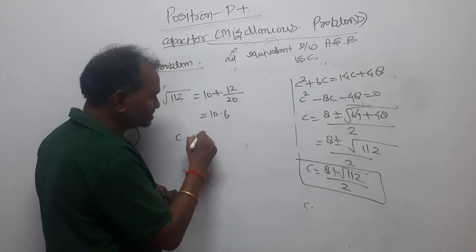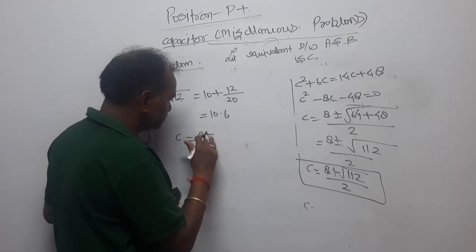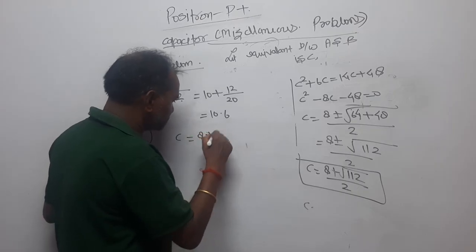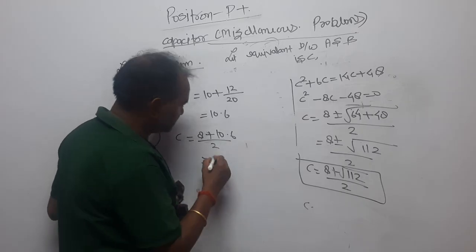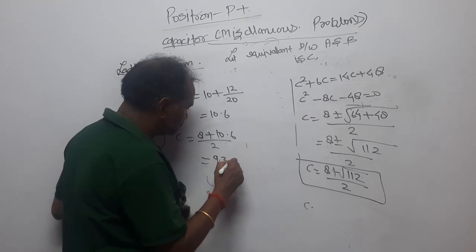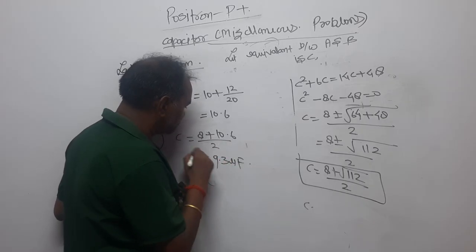So the answer would be C equal to 8 plus 10.6 by 2, that is 18.6 by 2, that is 9.3 microfarad. This would be the answer.